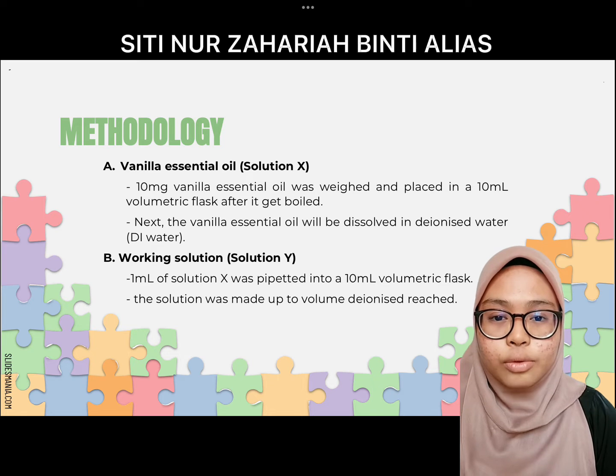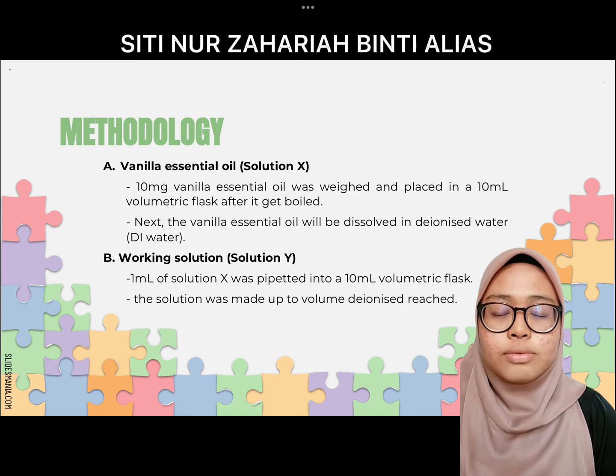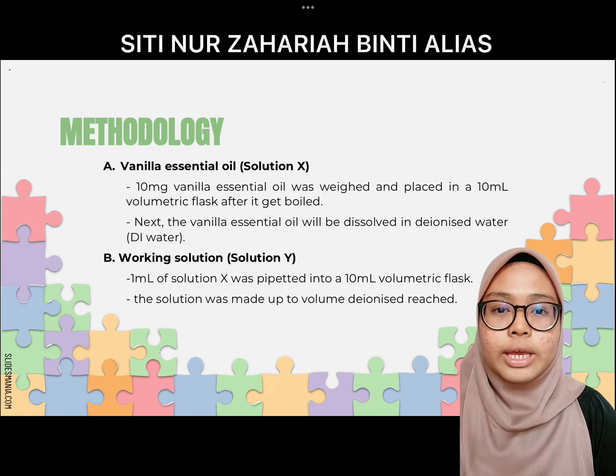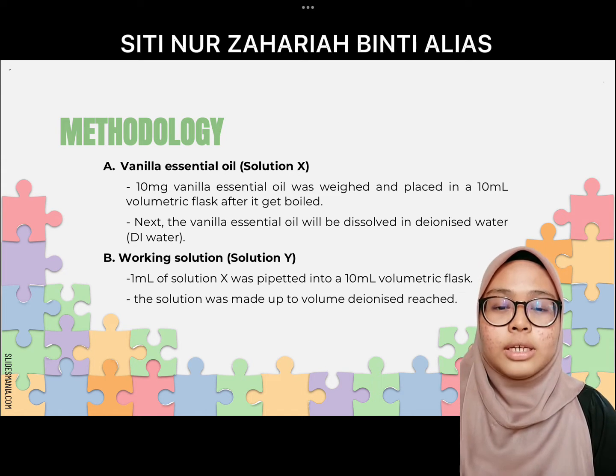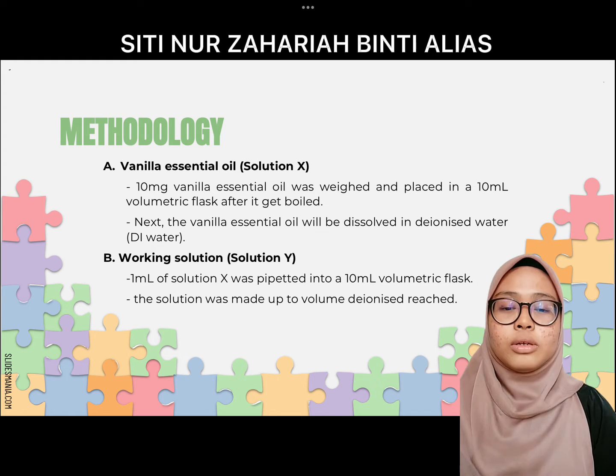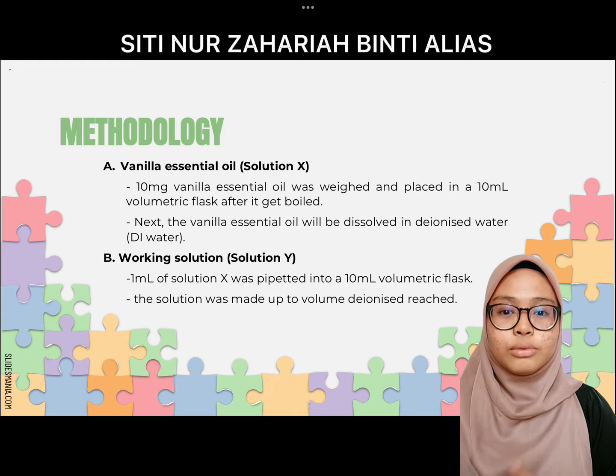Next, the essential oil is dissolved in deionized water. The second solution is the working solution or solution Y. 1 ml of solution X was pipetted into a 10 ml volumetric flask. The solution was made up to volume with deionized water.